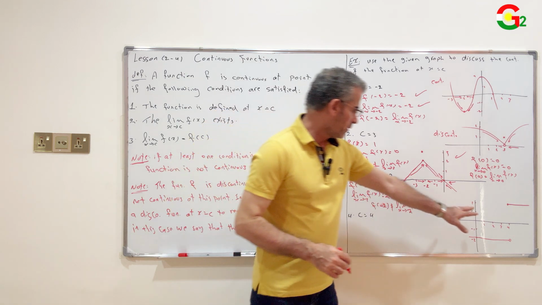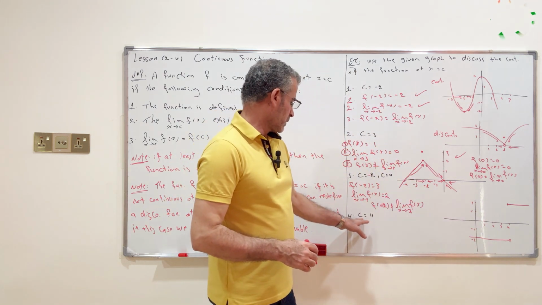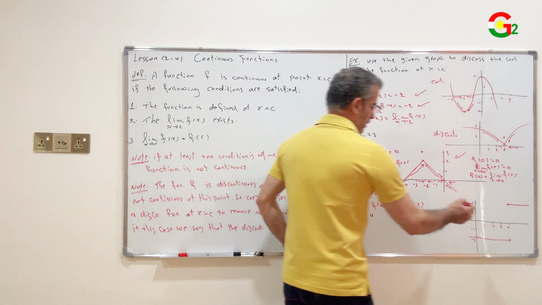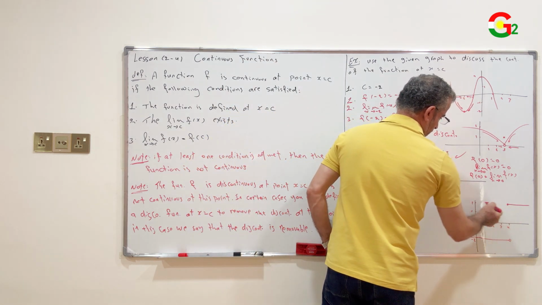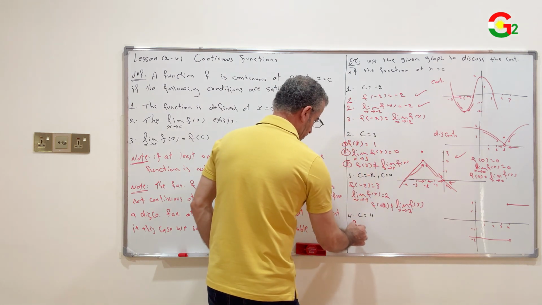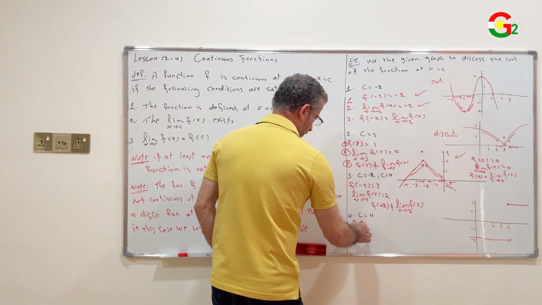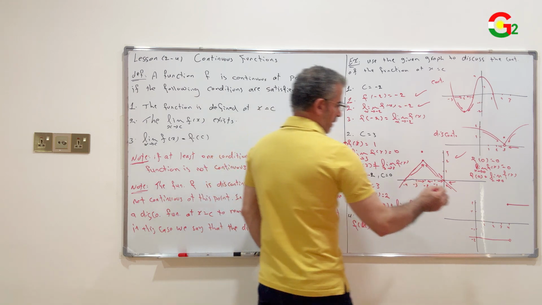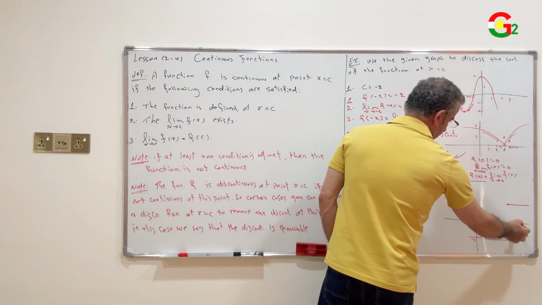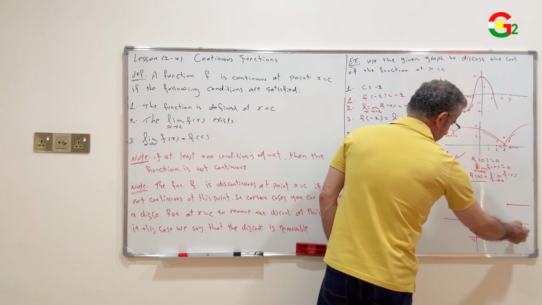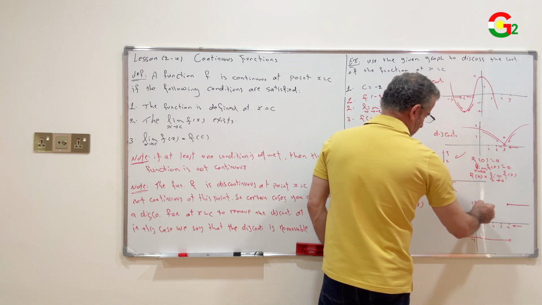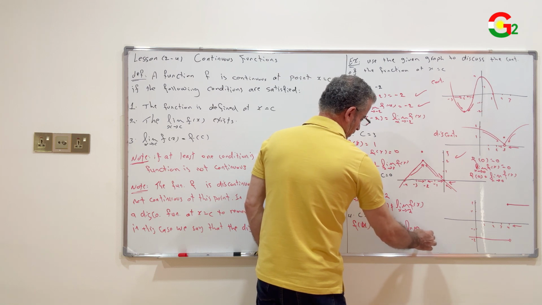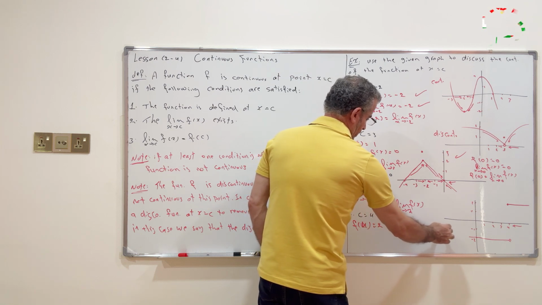Number 4, use this graph to discuss the continuity of the function when c equals 4. f of 4 is 2. The first condition is met. The limit of the function when x approaches 4 from the right is 2.